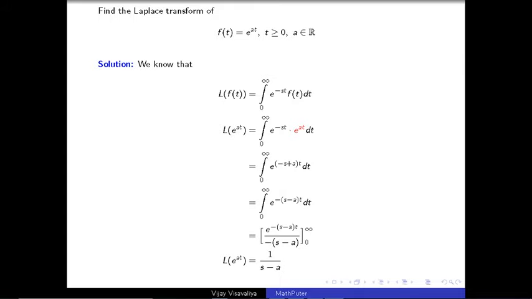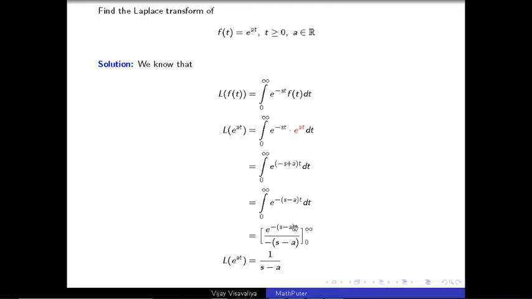Now one thing I want to mention here. When we substitute t equal to infinity, I told you that this is e raised to minus infinity. Why is this e raised to minus infinity? Or is it true that this is always e raised to minus infinity? s is a variable, a is a constant. Suppose a equal to 1 and s is equal to 2, then this is minus t.